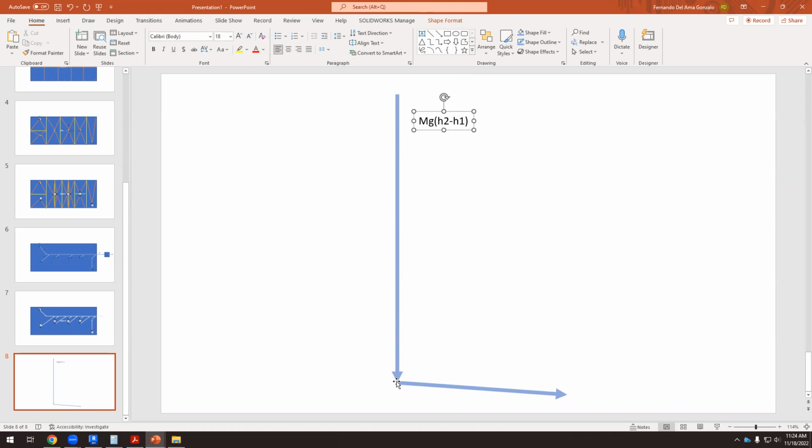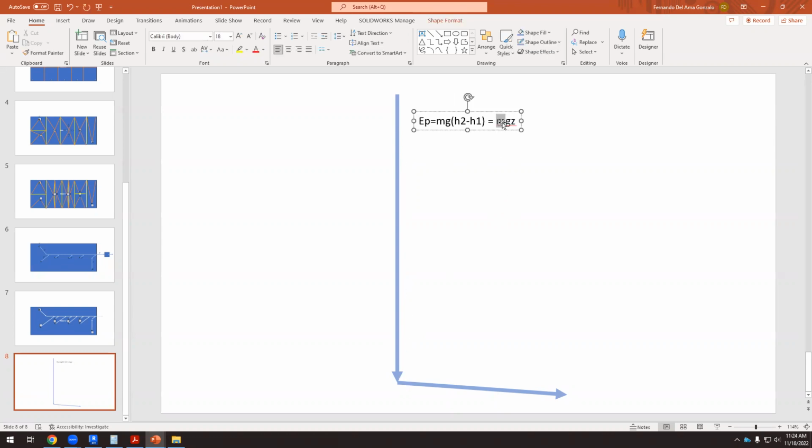If H1 is 0, that is H. You would see this formula of potential energy: potential energy equals mass, gravity, a difference of height. But if H1 is 0, you can see mass, gravity, and Z. Z is the total height from this point to that point.